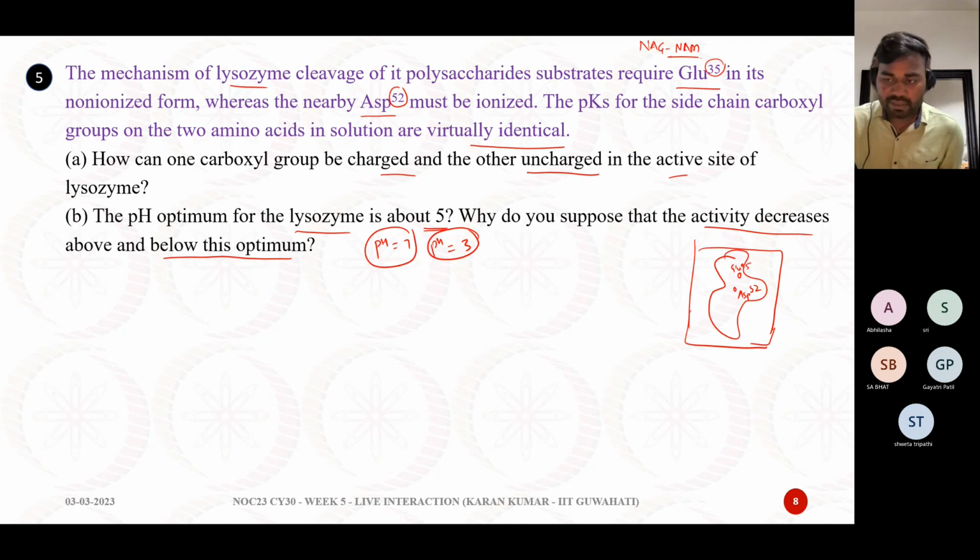Why, in a particular system, if both amino acids are present in the active site, is one charged and the other uncharged?